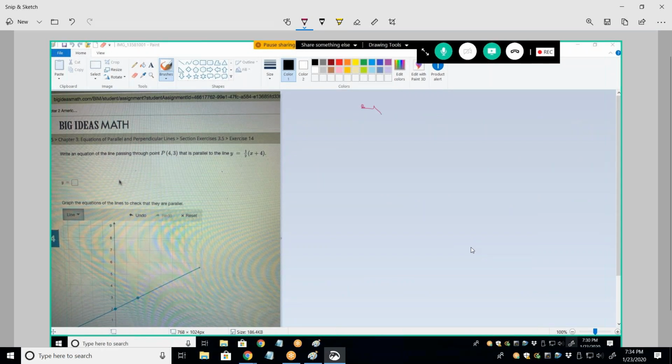Let's start with our original equation, and I'm going to put it in y equals mx plus b format, not the format they gave it to you in. Now, they say there's another line with the same slope, 1/2, that does not go through this line.